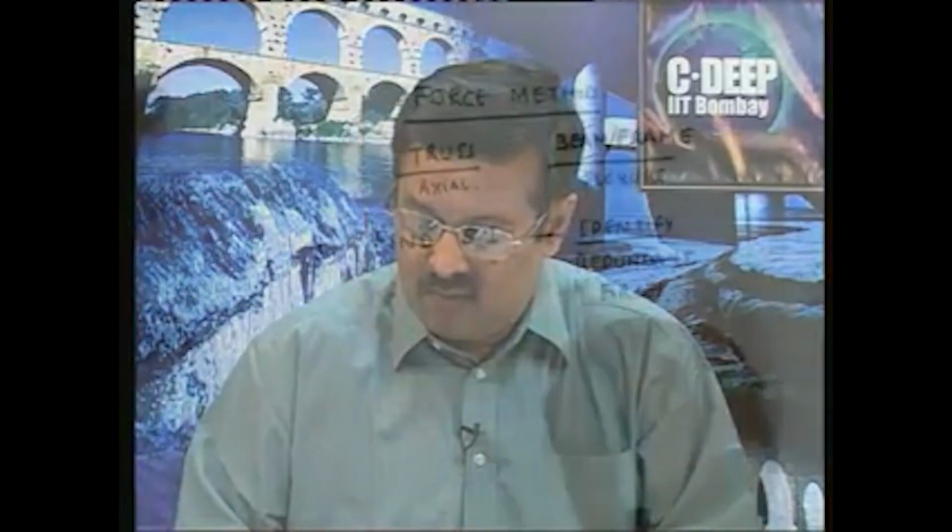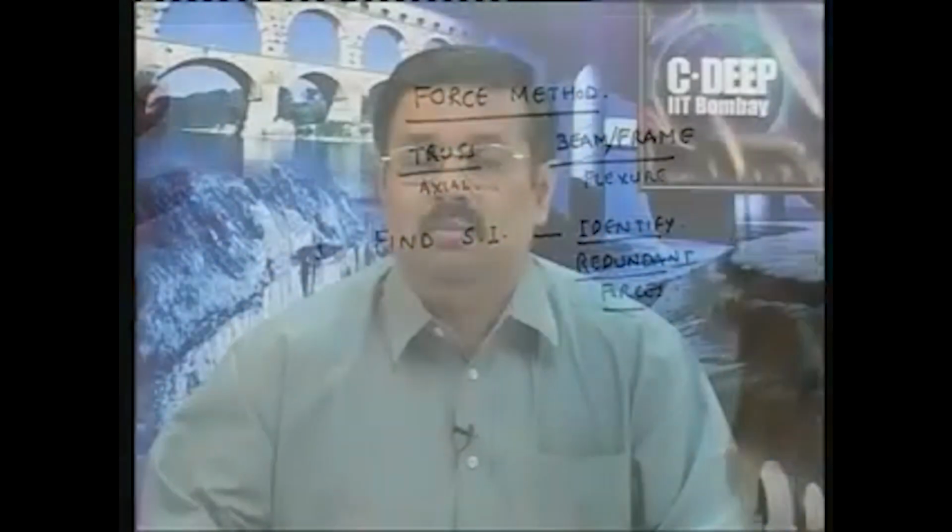So in that particular case, I had to take redundant forces which were internal. In the frame case that I considered, I could remove the roller support and still have a stable structure, and so therefore I removed the cable support. Is that clear? So this is overall the concept, that you identify redundant forces such that you get a stable, statically determinate base structure by taking redundant forces equal to 0.